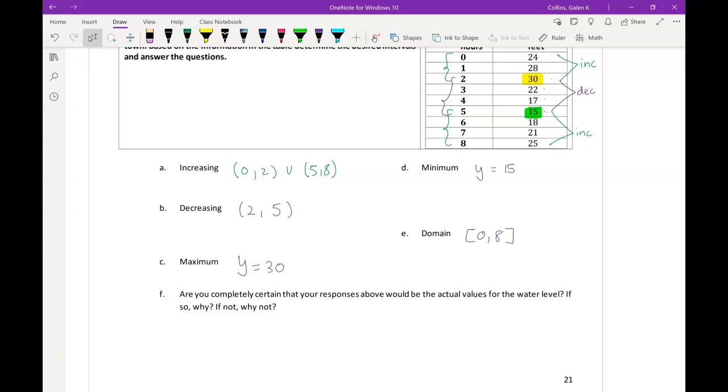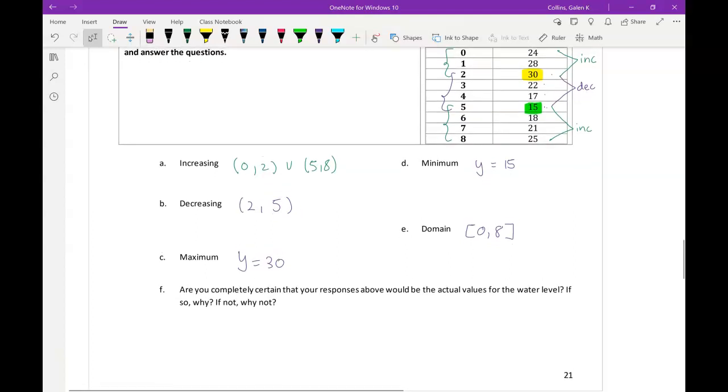All right, so then in F, here we go. Are you completely certain that your responses above would be the actual value for the water level? If so, why? If not, why not?